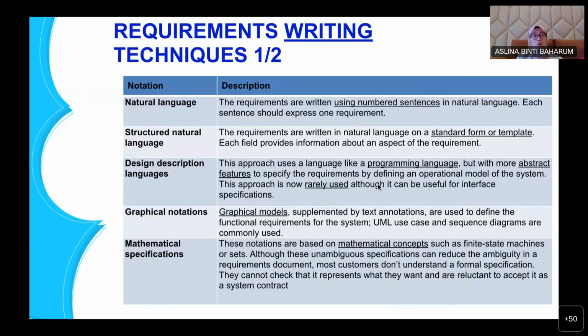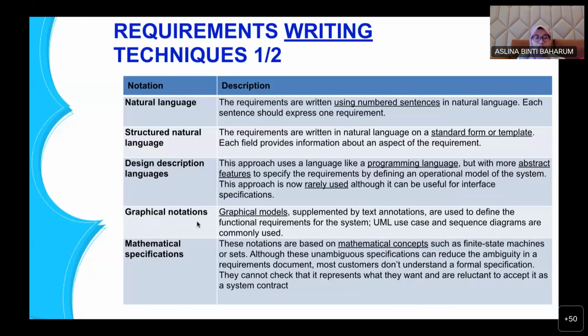That's why, to try to make it more general, this design description language is quite rarely used, because I think this is not a generic user requirement. Some users find it hard to understand, because some of us couldn't understand the programming language, but this one is more on pseudocode. I think this one shows the pseudocode together with the design interface, something like that.